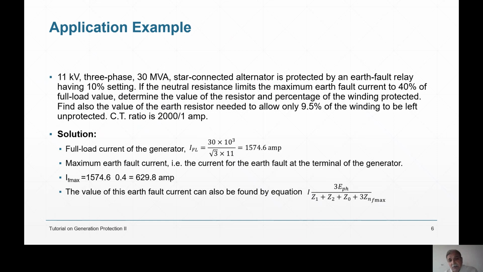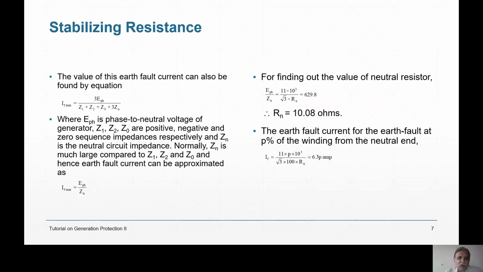I told you 20% or so. So 3 EPH upon 3 Zn, IF max. So it will be EPH upon Zn. If you consider EPH upon Zn, then it comes out to be 629.8.